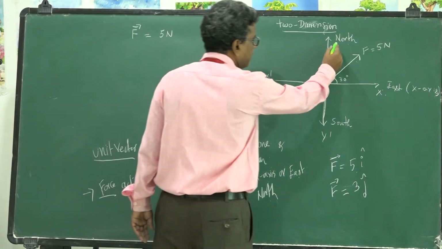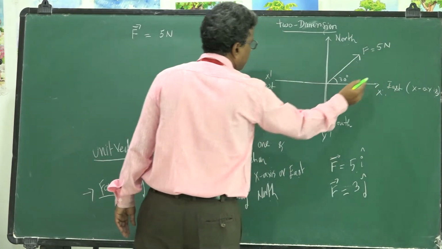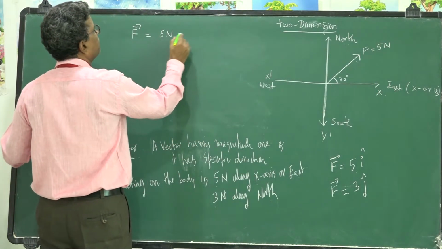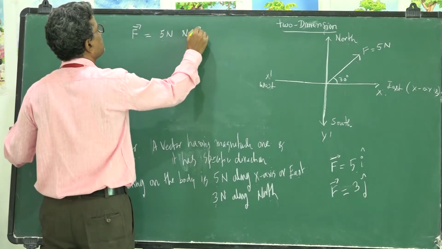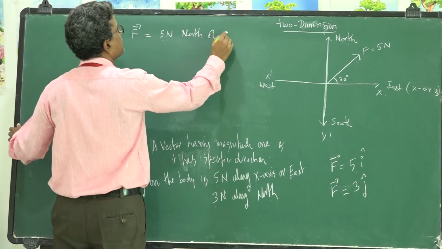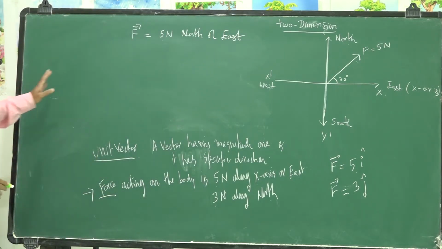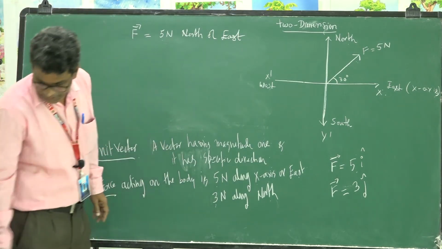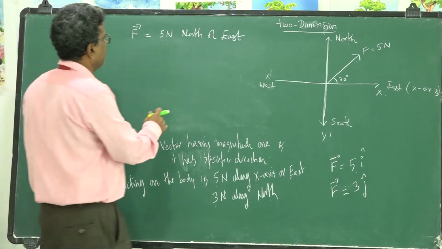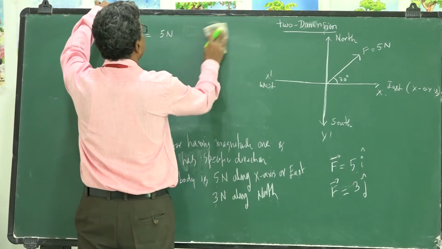Northeast. We can write it as 5 newtons, north of east. That means 30 degrees north of east, with magnitude 5 newtons.